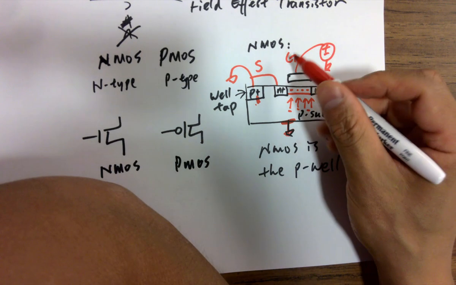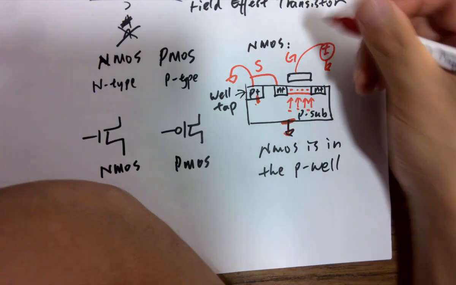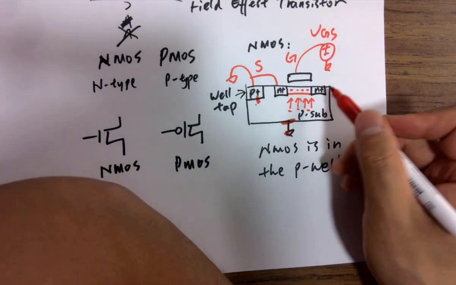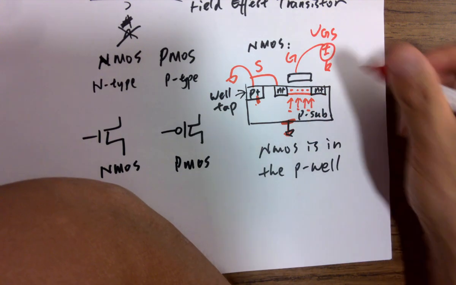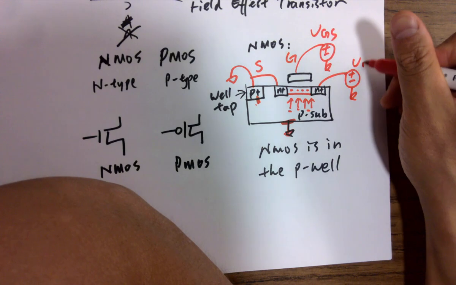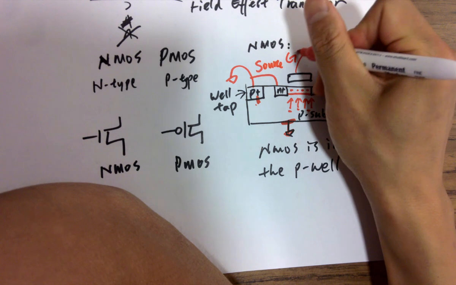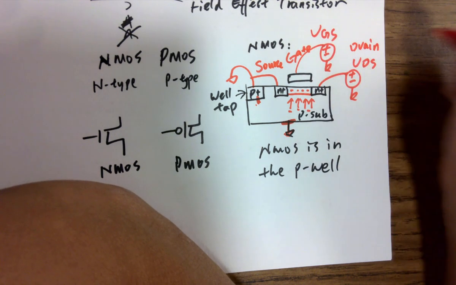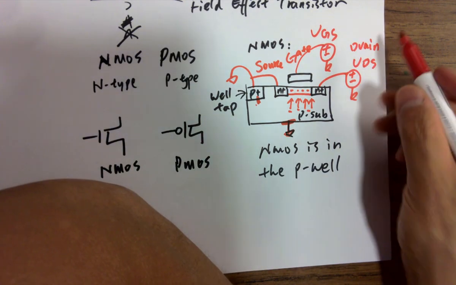Basically we are looking at VGS, the gate to source voltage, and that voltage is going to attract an electron layer over here. Then if you add another voltage here, I name it VDS, because that's the drain.